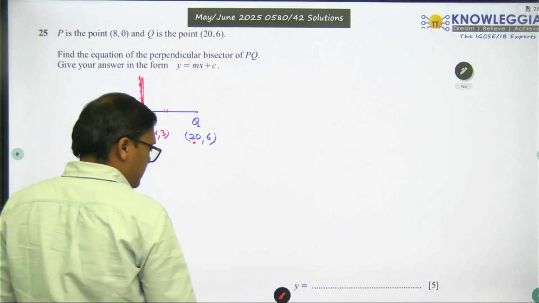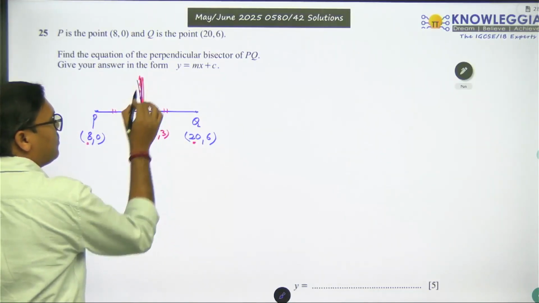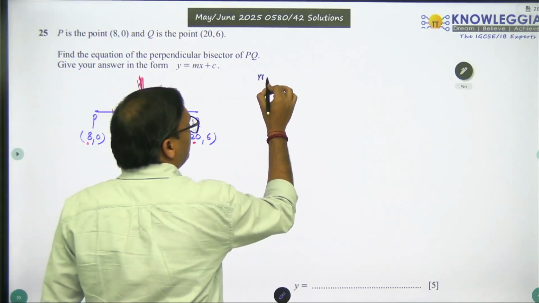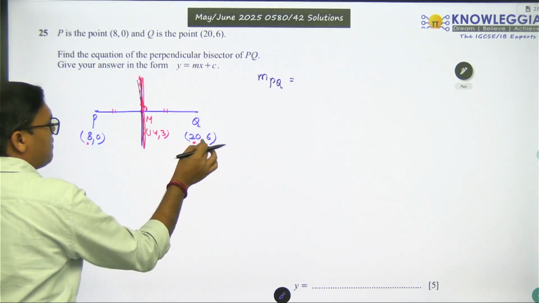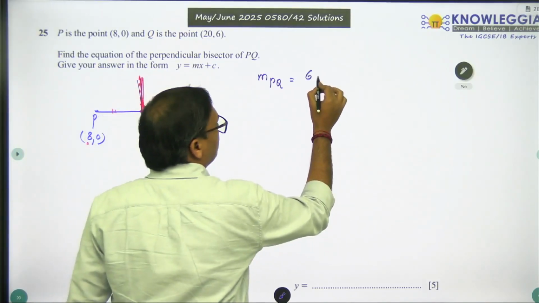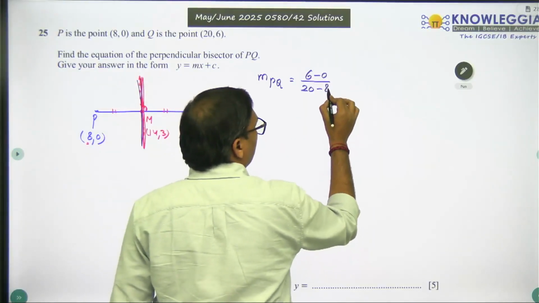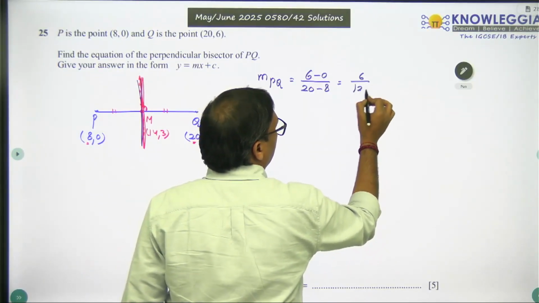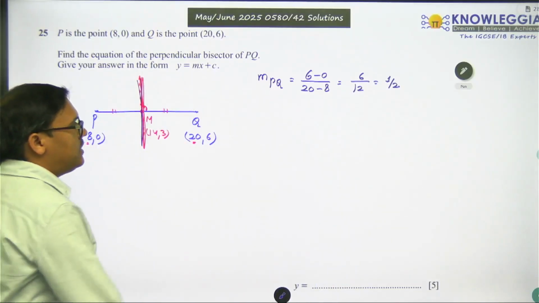Now what is the gradient of this line? We know the gradient of PQ. That is y2 minus y1, so 6 minus 0, upon x2 minus x1, which is 6 upon 12, equal to 1 by 2. Now the gradient of PQ is 1 by 2.